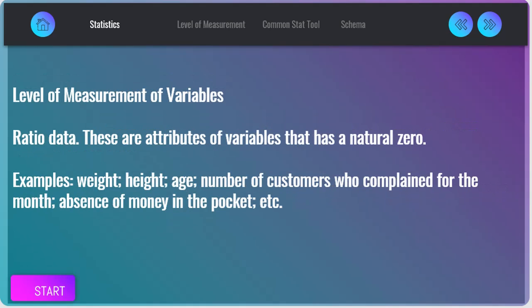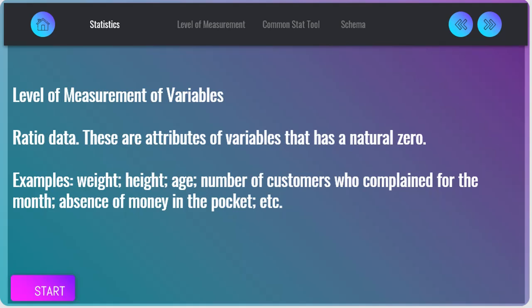And the last level of measurement of variables is what we call ratio data. These are attributes of variables that have a natural zero. Take note: if interval data has no true zero, ratio data on the other hand has a natural zero, or a true zero.